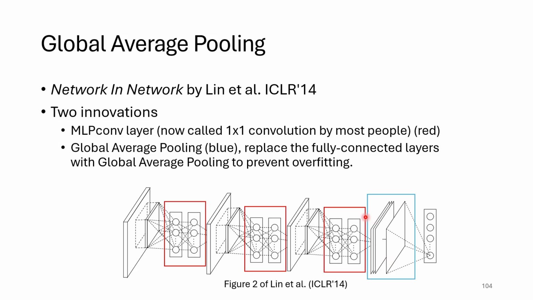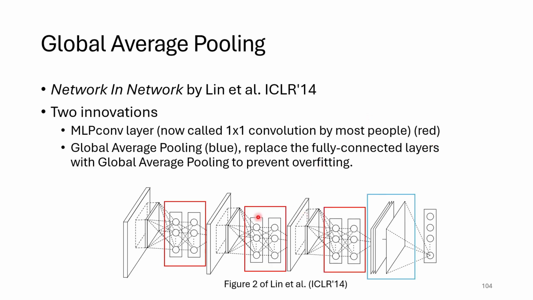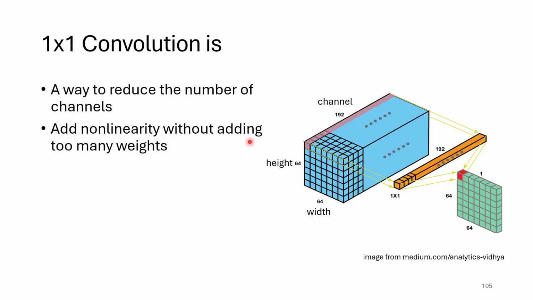Their second improvement is that they added many one by one convolution layers, in between, after the convolutional layer. But what does one by one convolution mean?